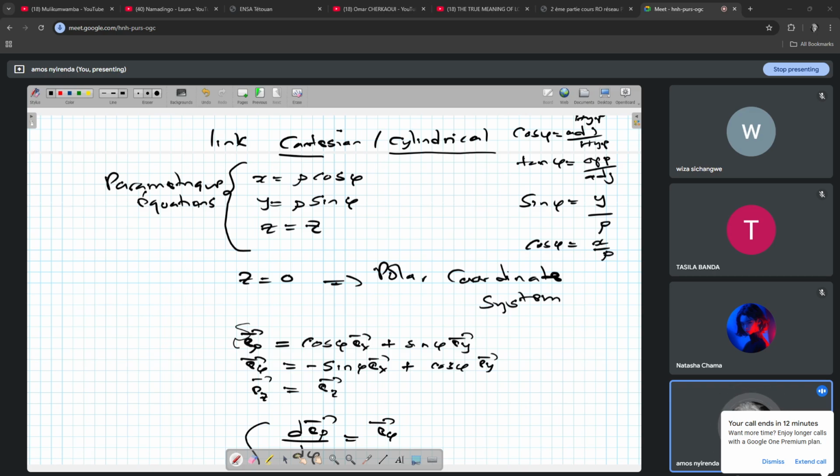Now we'll look at the spherical coordinate system a little later. The polar coordinate system is the cylindrical coordinate system when z is equal to 0, so we will just use the polar coordinate system in that particular case.